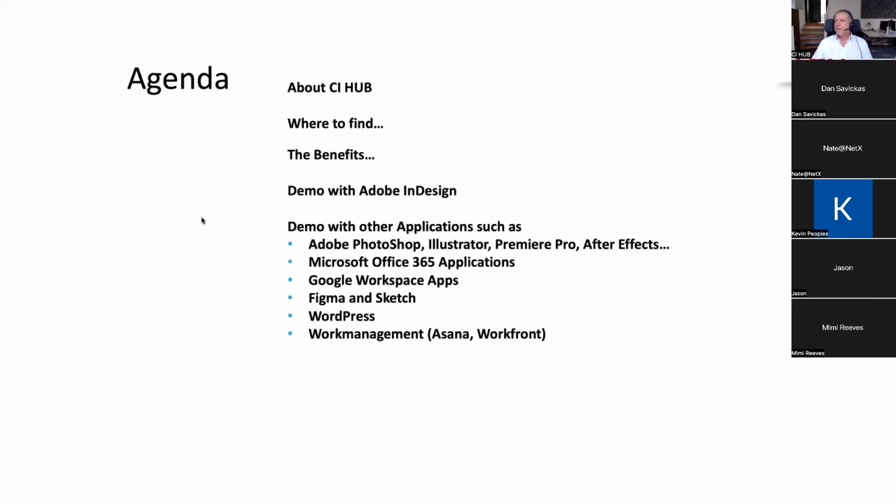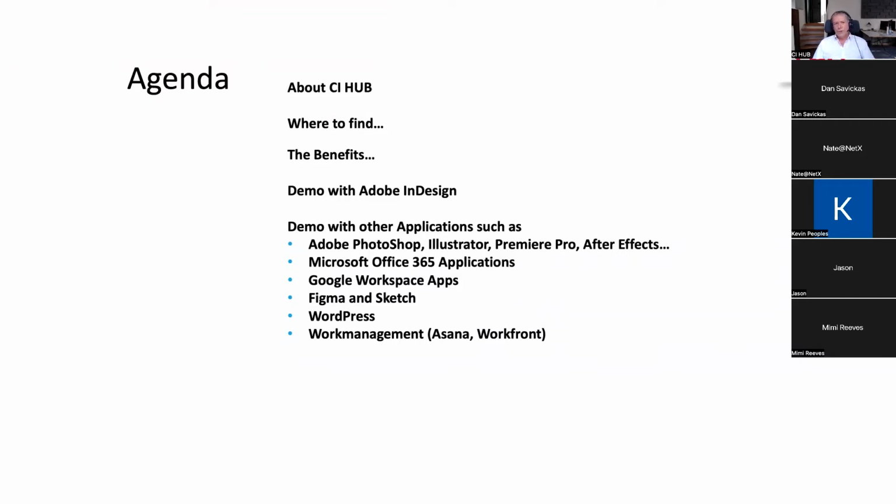The first is the agenda. I would like to say a few words about CI HUB, then where to find it and what the benefits are when you're working with NetX and the CI HUB connector. I will demo a few features within Adobe InDesign, and if there is time enough, do some stuff in Photoshop and Illustrator.